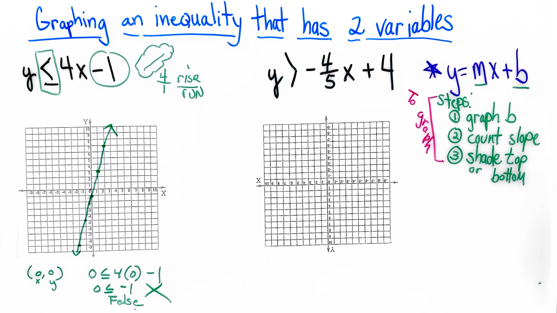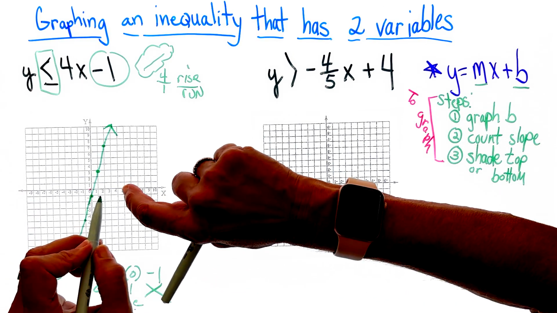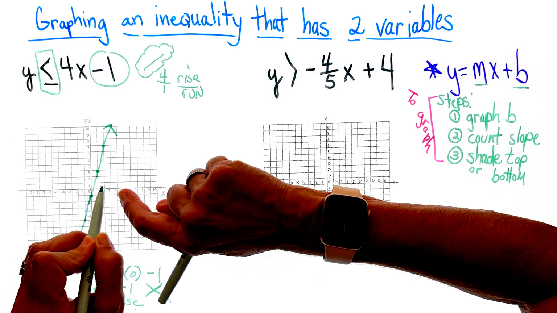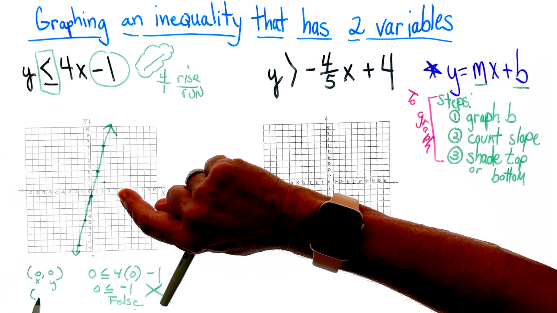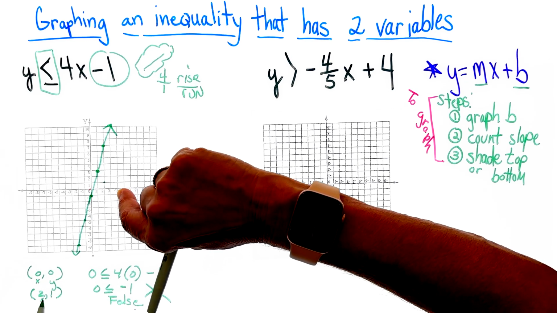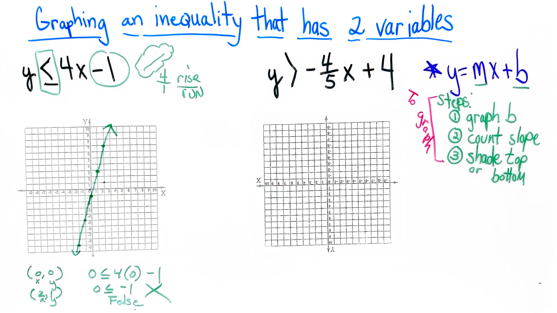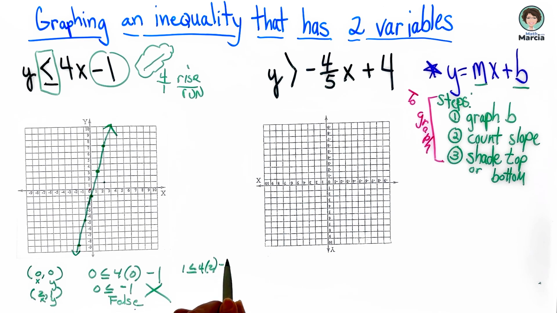So I'm going to pick any random ordered pair here, and I think this time I will check right there. And that ordered pair is actually 2 and 1. There's my x, here's my y. And when I substitute in the values, for my y, 1 is less than or equal to 4 times 2, the x is a 2, minus 1.